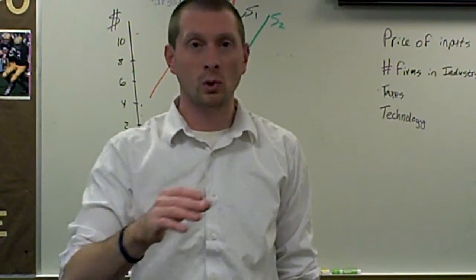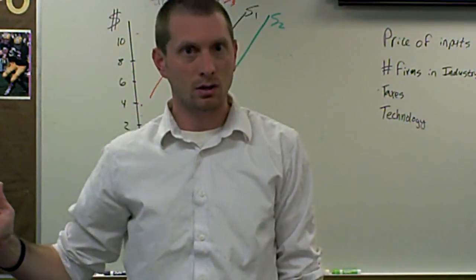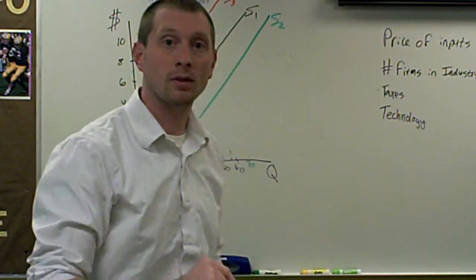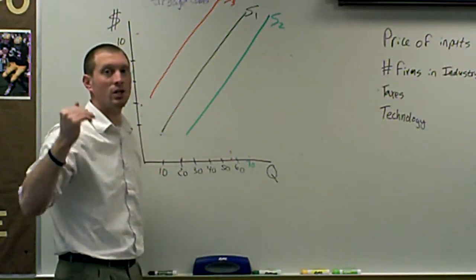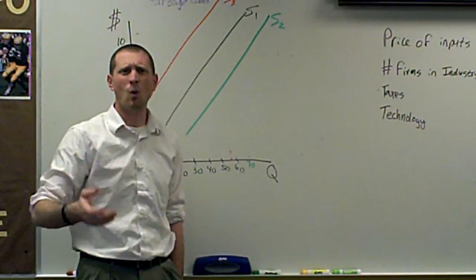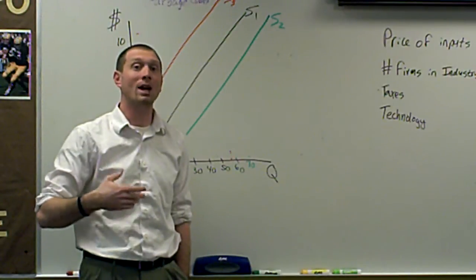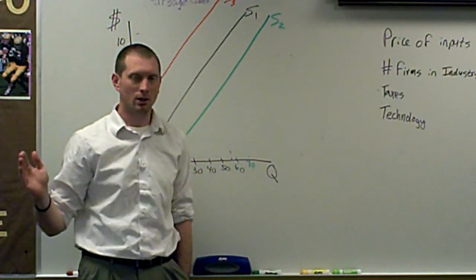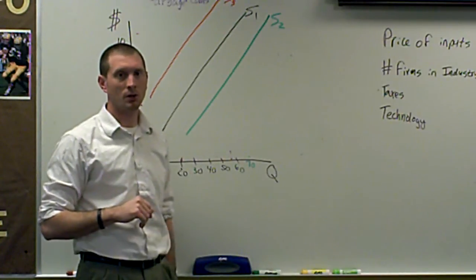Okay, but we all know usually utility costs don't go down, they go up, and so that will cause the supply curve to shift to the left from S1 to S3, an increase in utilities, lights, water, things of that nature. These are utilities. And these things normally get more expensive. So as those get more expensive, supply will decrease as a result, or shift to the left as a result.